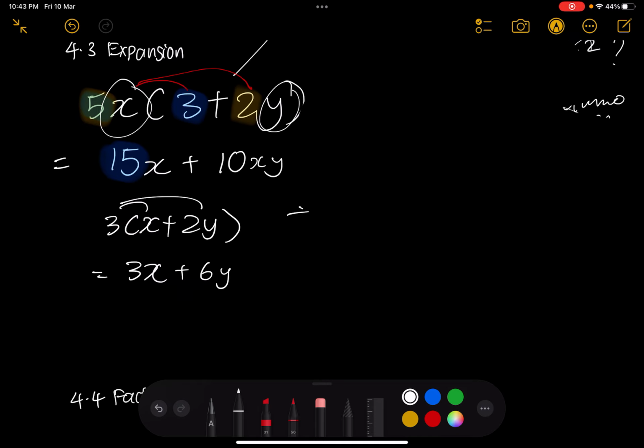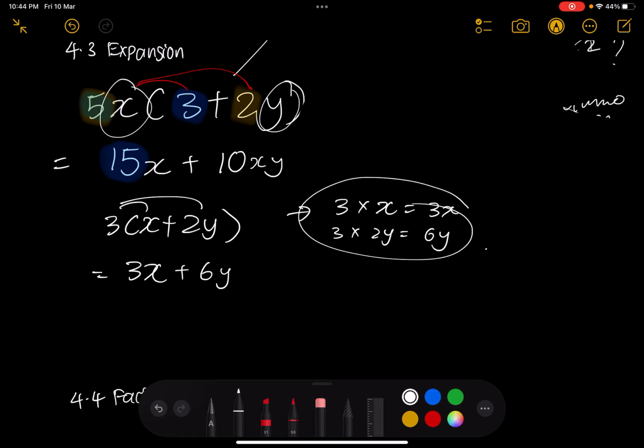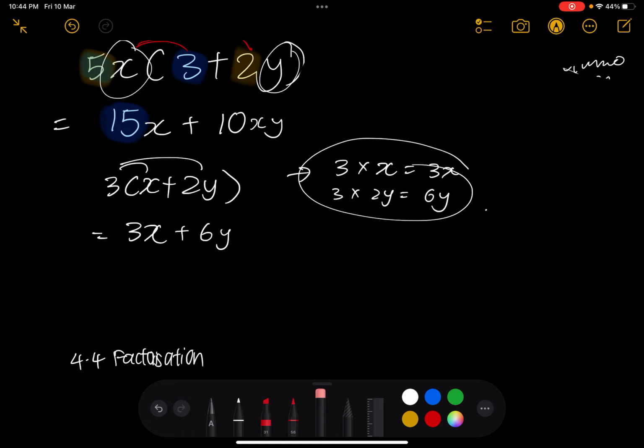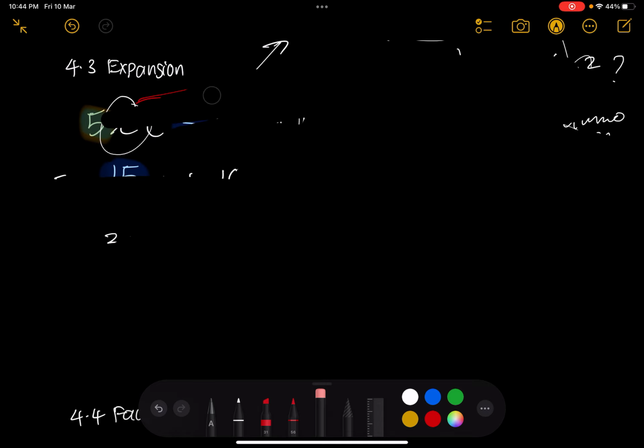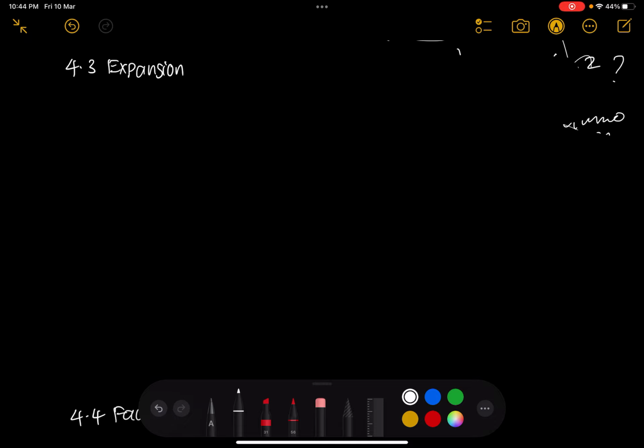Okay, so the thought process here is 3 times x, 3x. 3 times 2y becomes 6y. Ta-da! Can? Very easy. Now, let's do something more complicated. But it's not complicated, cause you learn the concept already. It's not very difficult, okay? If you go upper sec, especially sec 3, you do a lot of this. The sec 2, sec 3 is totally different, okay?